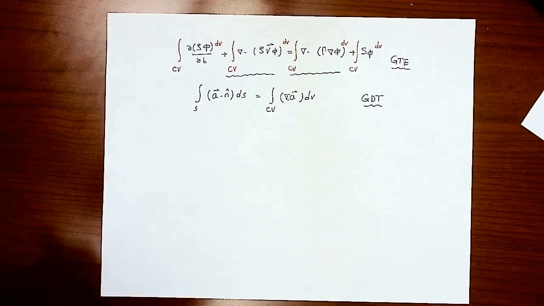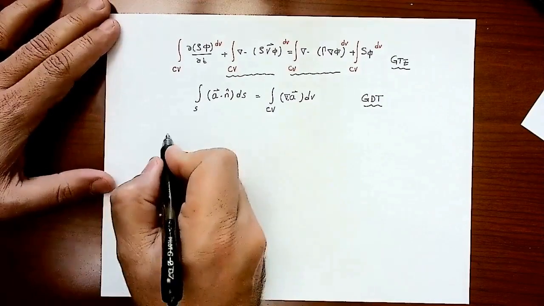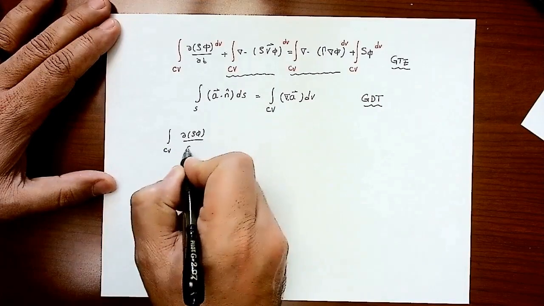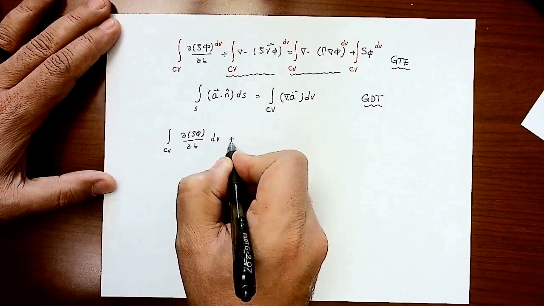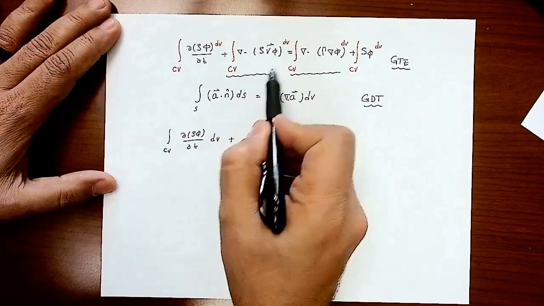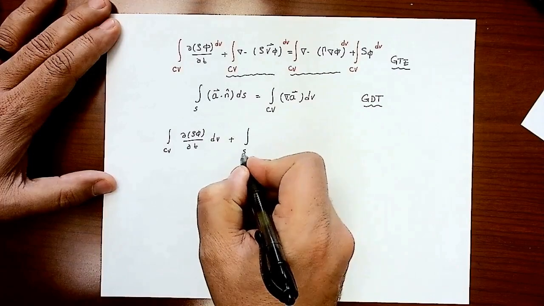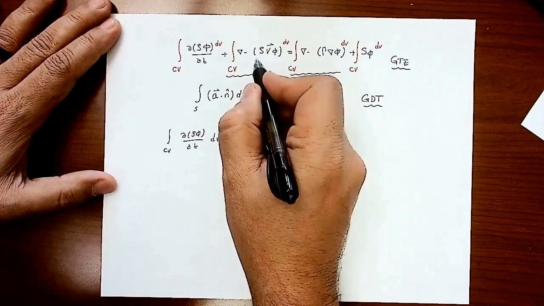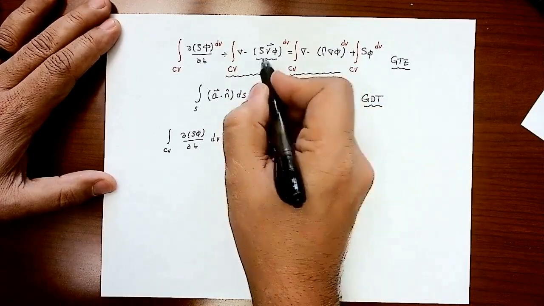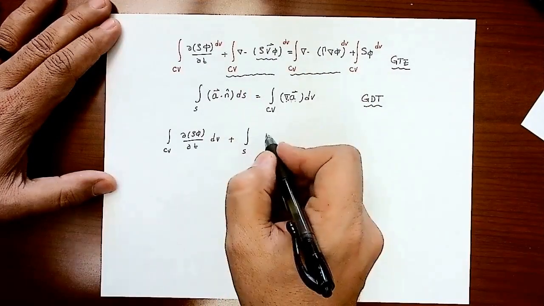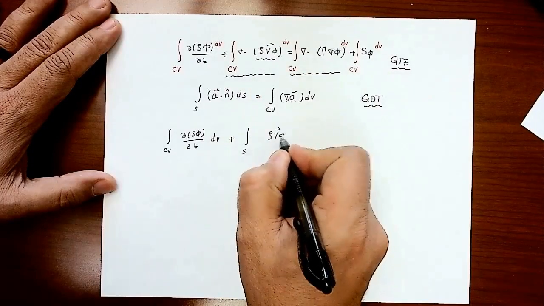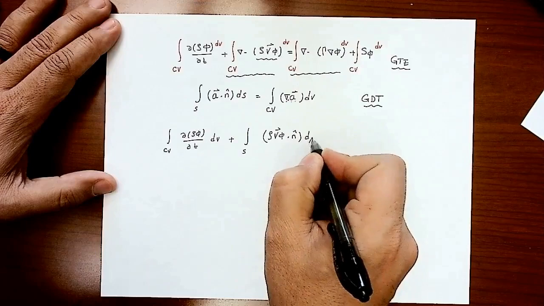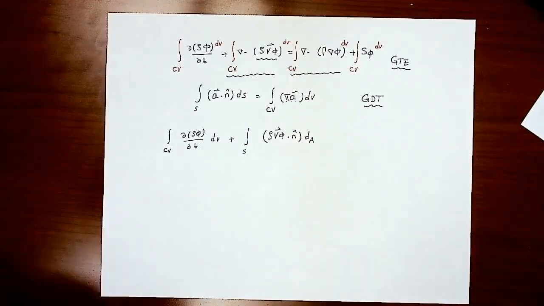So I can rewrite the transport equation as the integration over the control volume of partial rho phi by partial t dV, plus, now I can take that term and replace it by the integration over the surface. What is your vector? This is nabla dot A, this is my A here, so this will be simply rho v phi dot n dA, where dA is the surface area of the control volume.